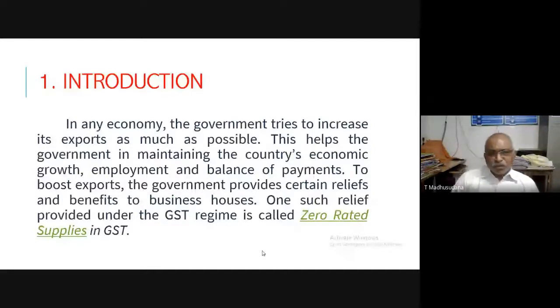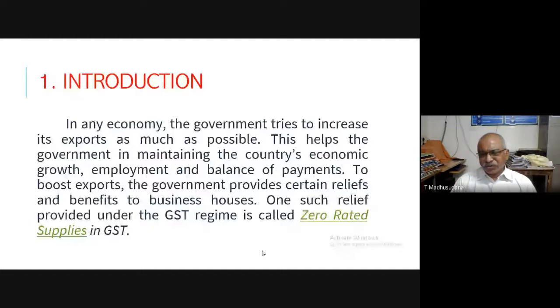To boost exports, the government provides reliefs and benefits to business houses. One such relief provided under the GST regime is called zero rated supplies in GST.